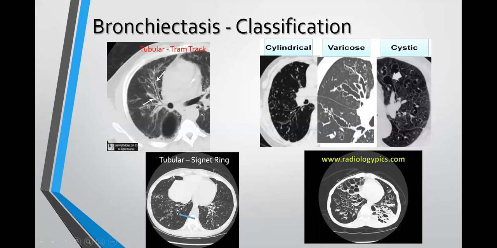So they're multiple sizes. That's varicose. And then cystic is the worst kind. You have the tube, and it ends in a sac. See all these sacs? These are not normal. They should not be in your CT. This is cylindrical. This is cystic or saccular, the most severe case of bronchiectasis.